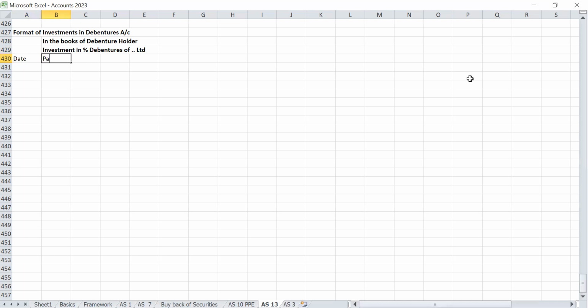Date, particulars, number of debentures, interest, amount. Same thing in the credit side also.